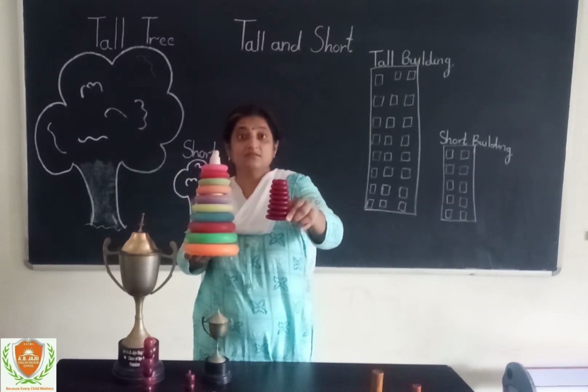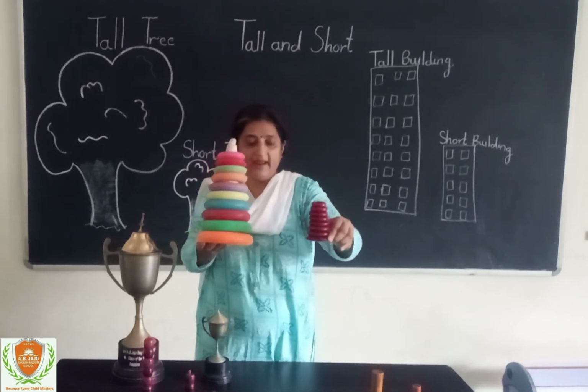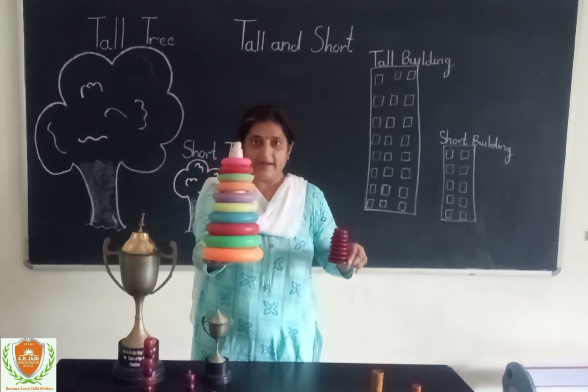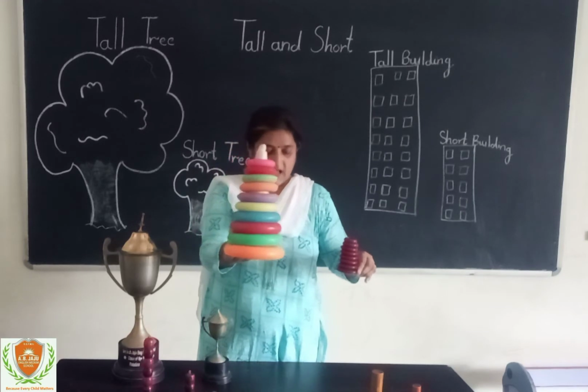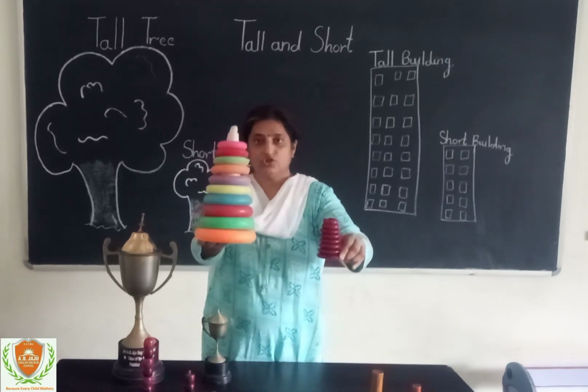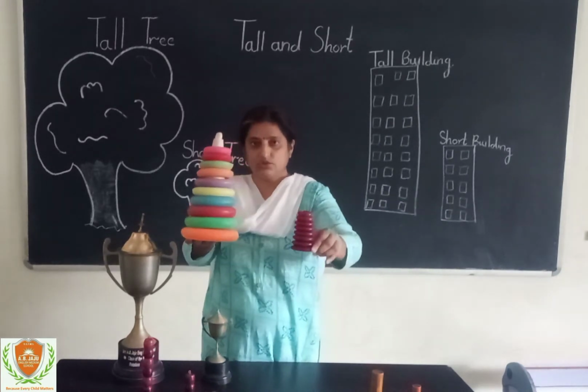Because this ring's height is small. And this toy ring is tall because its height is greater. Tall, short.